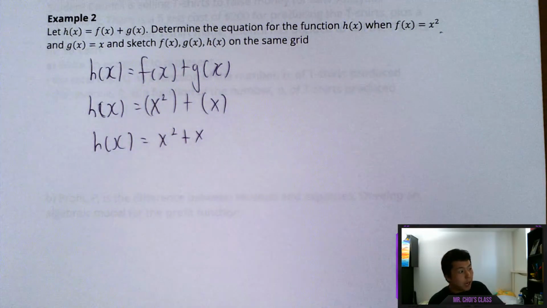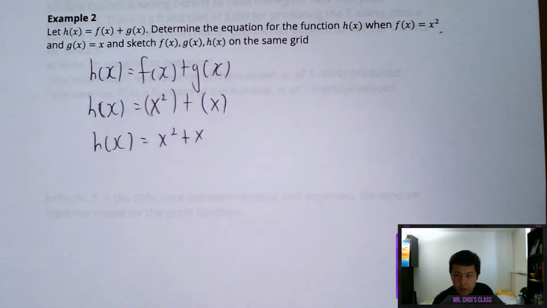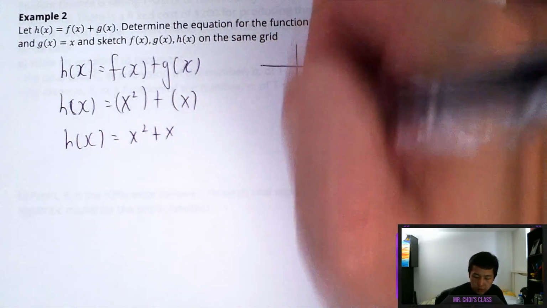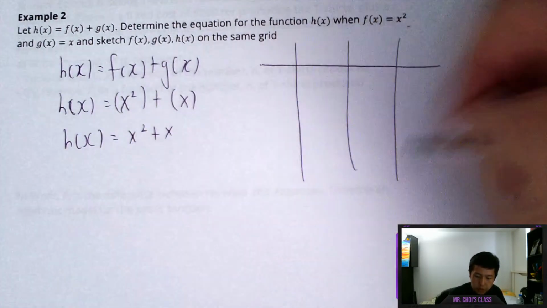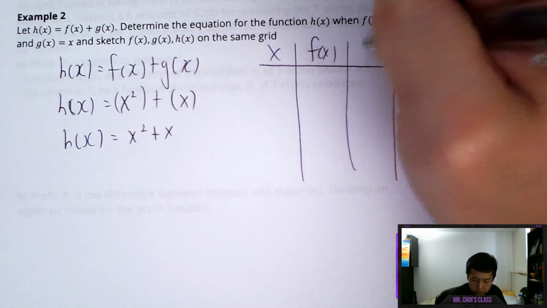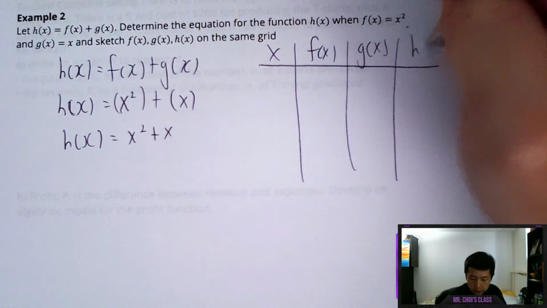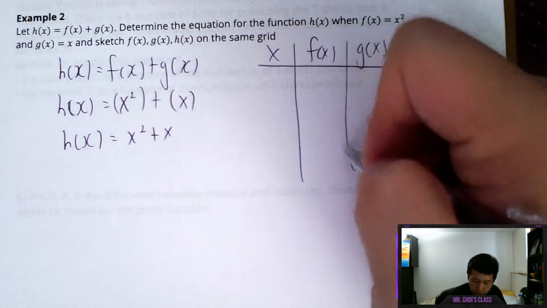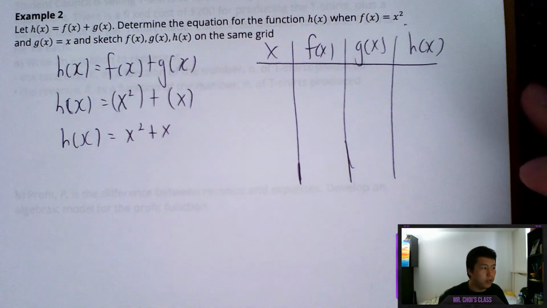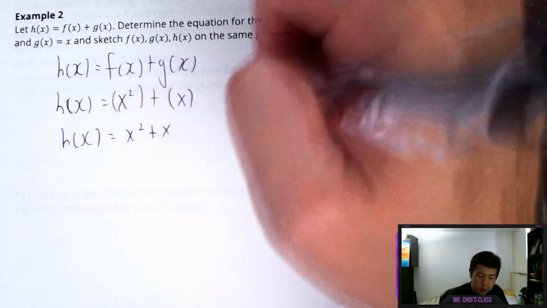But if we were to graph it, well, graphing these functions isn't particularly difficult either. So let's separate it into sections. Let's do x, f of x, g of x, and then h of x. Okay? So when we want to graph all of these, it's going to be the same stuff.